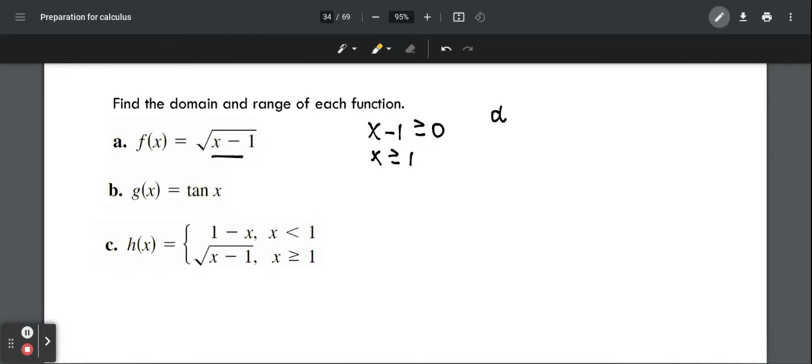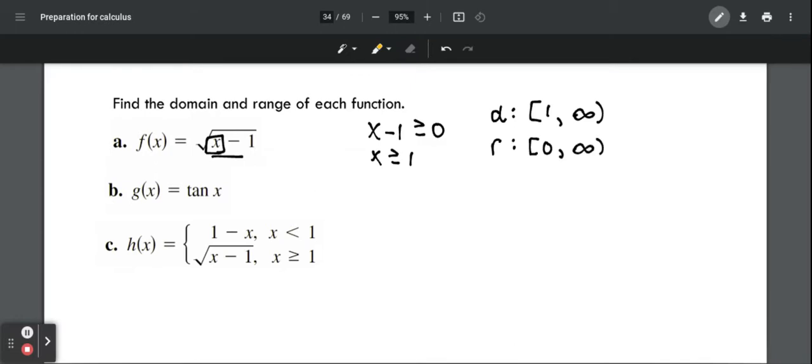Let's practice our interval notation: 1 is the minimum, it can include 1, and it goes up to infinity, and we don't include infinity in our interval notation. For the range, if you plug a 1 in for x, you would get 0, and all your y values have to be greater than or equal to 0. So our range would be from 0 to infinity.